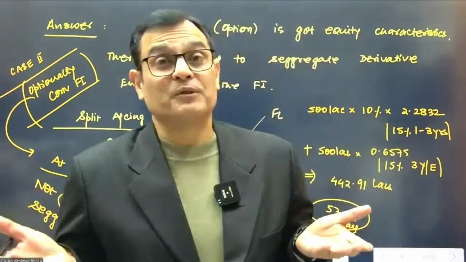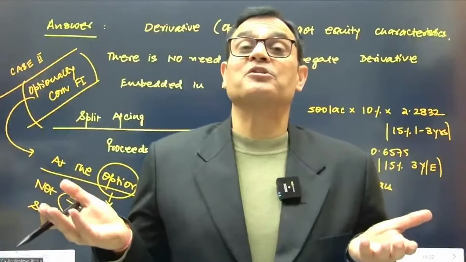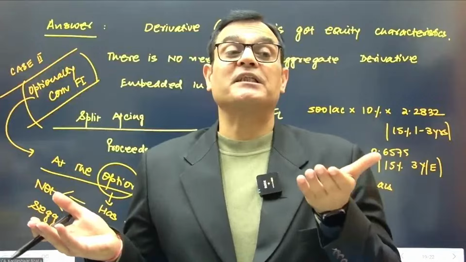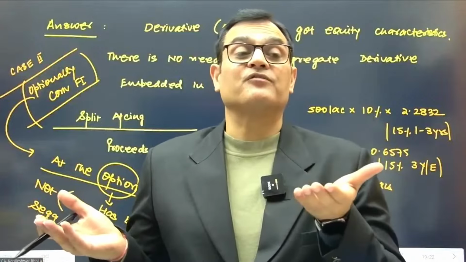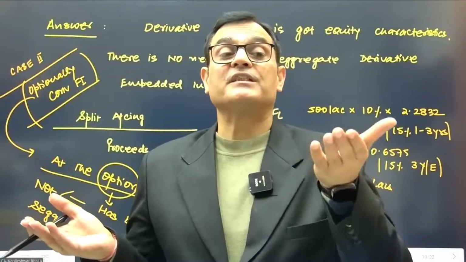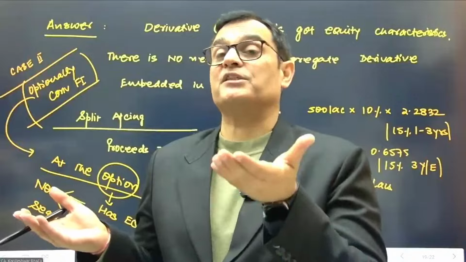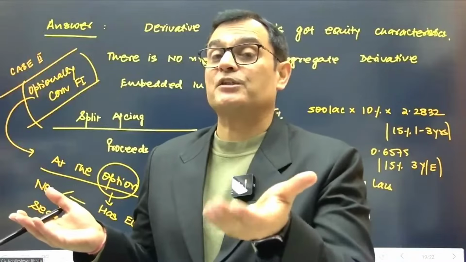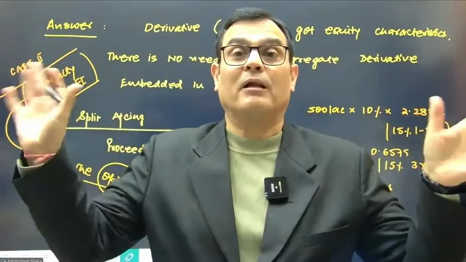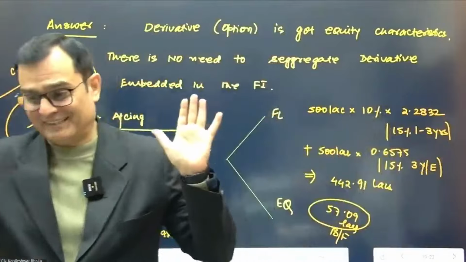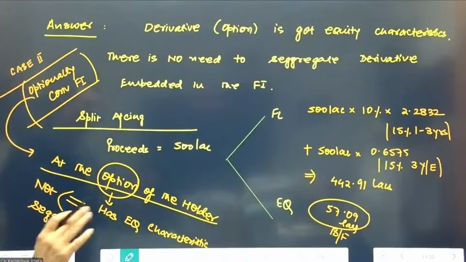There's no dearth of doing a PhD on that, where you start looking into various inputs: if this derivative is equity, what is the treatment? If it is a derivative and a financial liability, then what? We're not getting into that. Okay, so this is done.